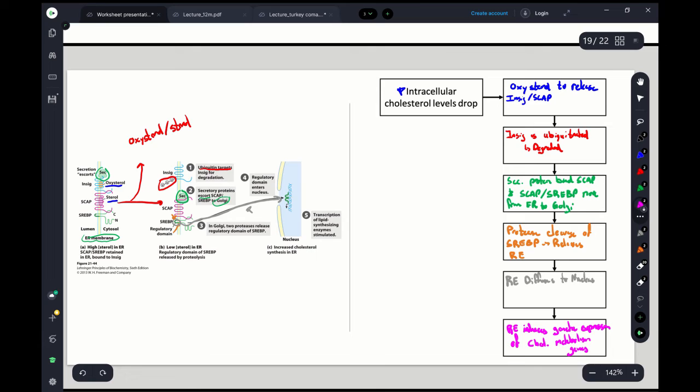Okay, and so it says here, that's essentially what we're looking at here, transcription of lipid synthesizing enzymes stimulated.